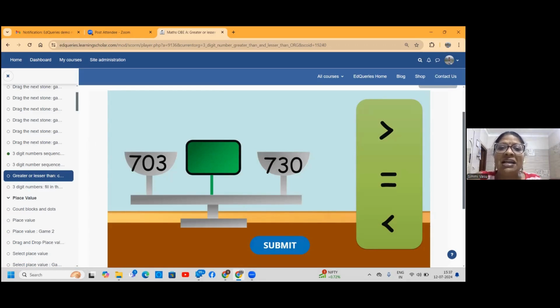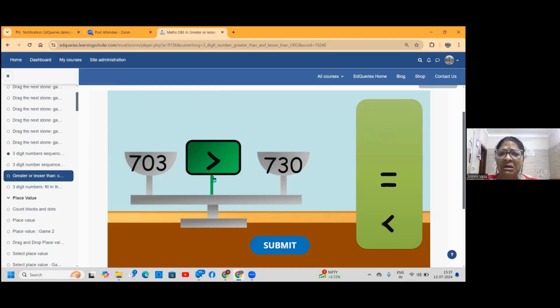So that is the level of interest which comes when they are playing. But as I said, please introduce the concept through books, through papers, through teaching learning materials, like for greater than, lesser than signs. The most obvious thing which we always say is the crocodile mouth. This is a crocodile mouth, and the crocodile always eats bigger numbers. So if the child is getting it wrong, I would go on with, oh no, 703 is a lesser number.